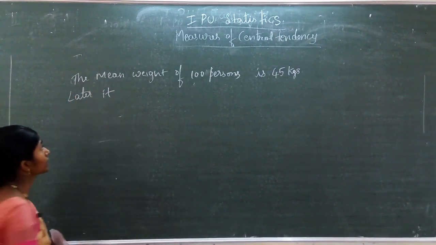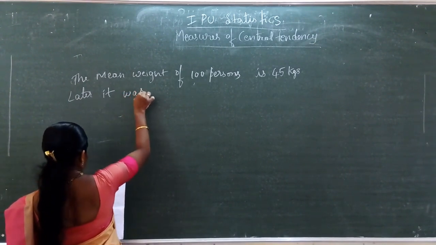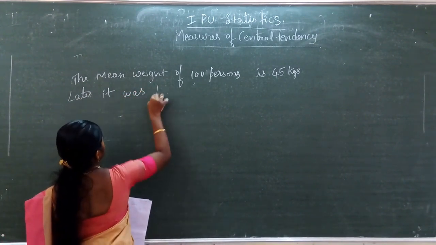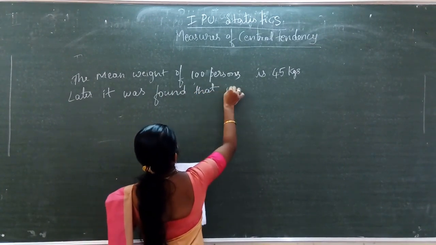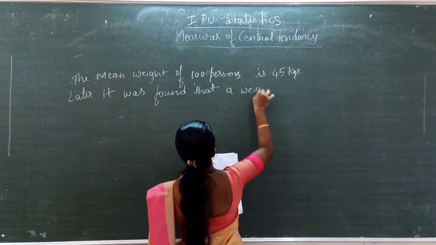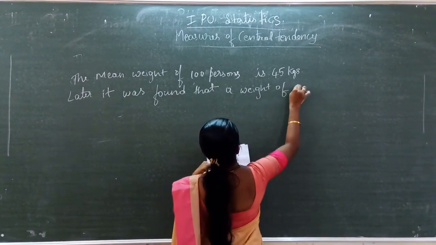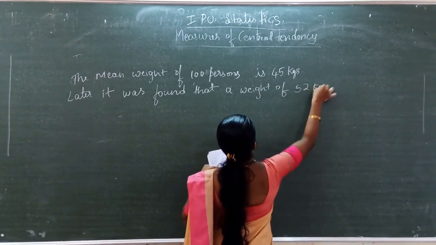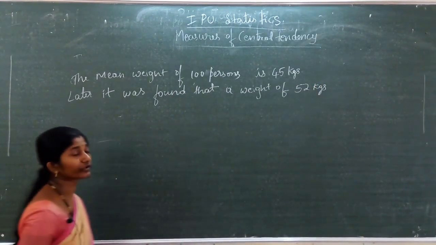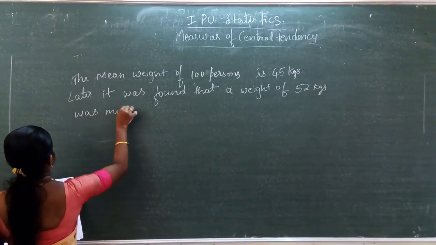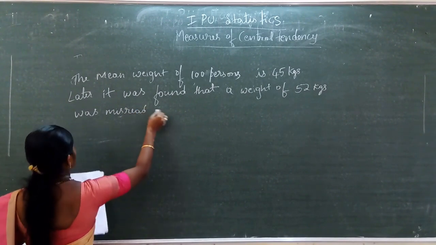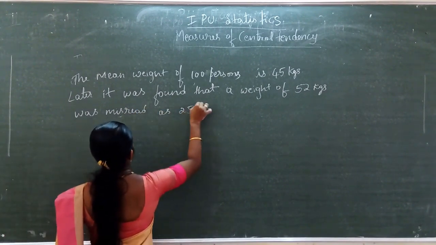Later, it was found that a weight of 52 kgs was misread as 25 kgs.